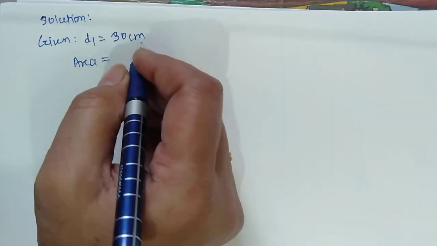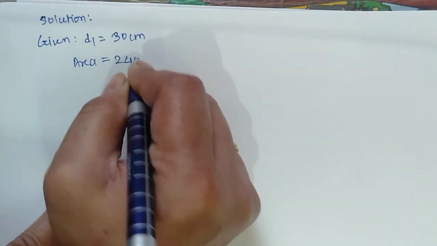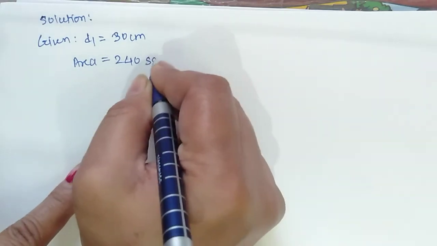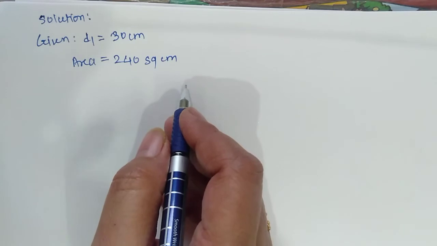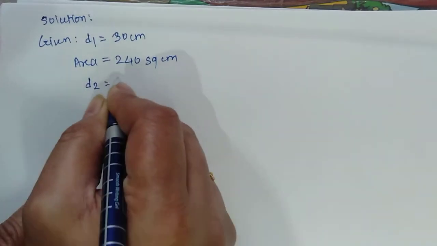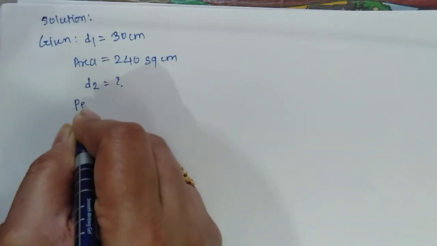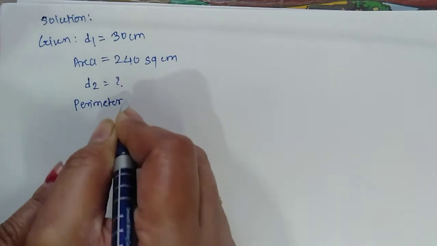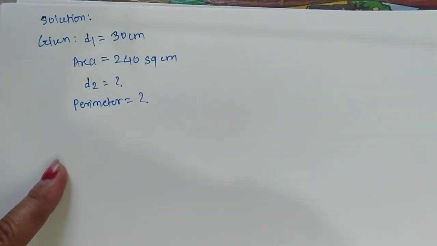Area is equal to 240 square centimeter, and we are asked to calculate the perimeter here. So to calculate the perimeter, we need the length of second diagonal, means D2 equal to question mark and perimeter is equal to question mark.